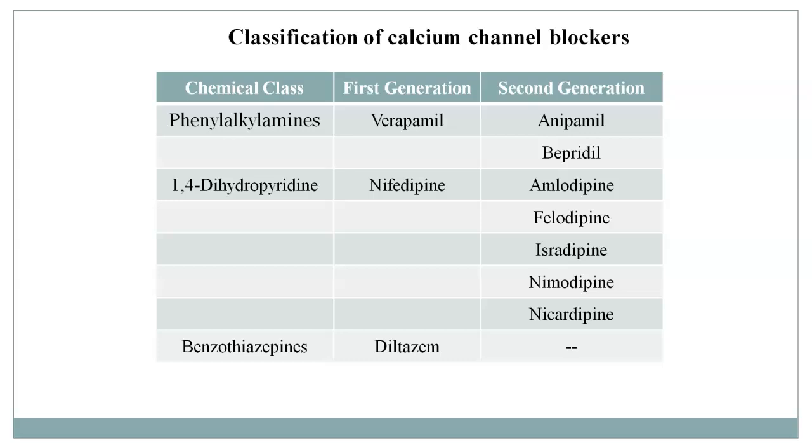The first generation example is nifedipine, and the second generation drugs are amlodipine, felodipine, isradipine, nimodipine, and nicardipine. The last chemical class is benzothiazepines, which only has a first generation drug, diltiazem.